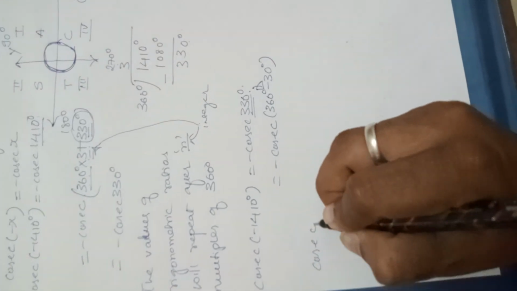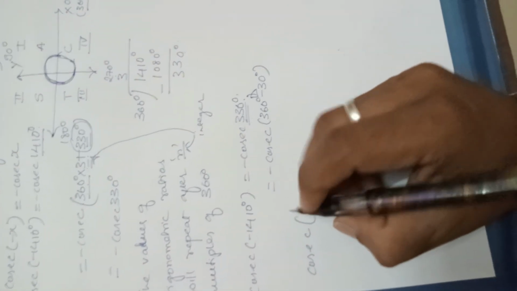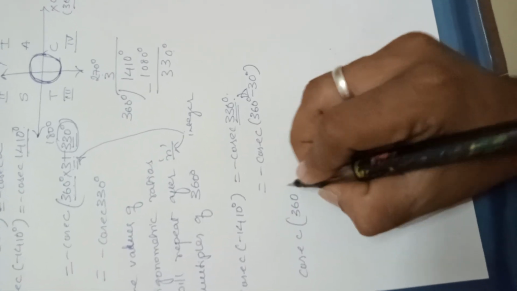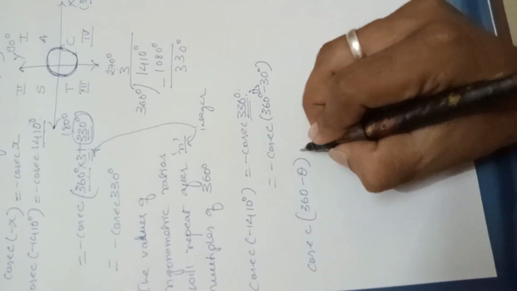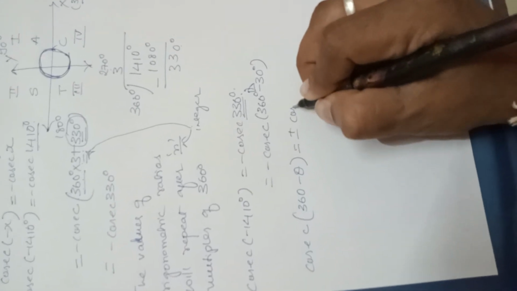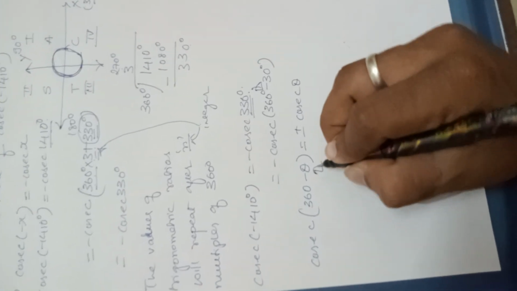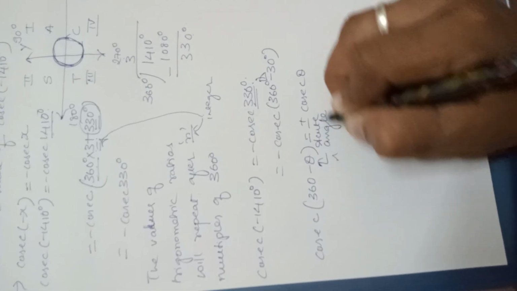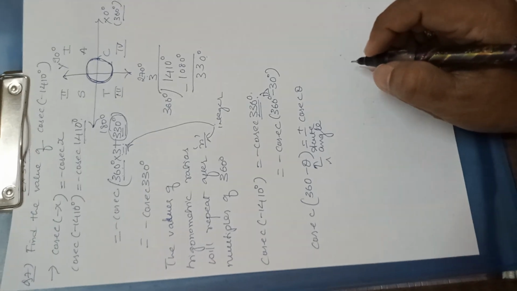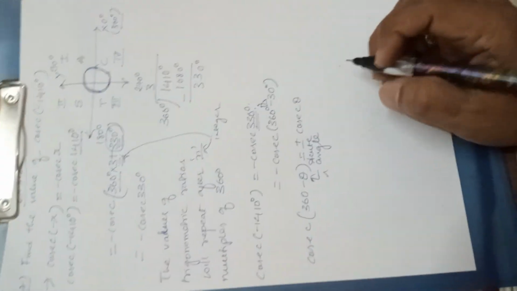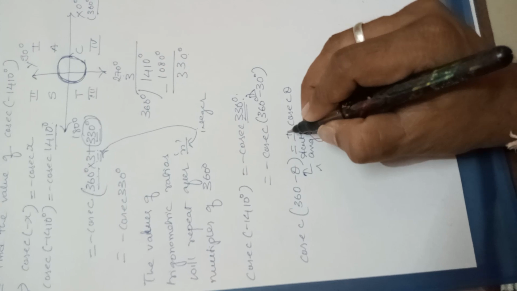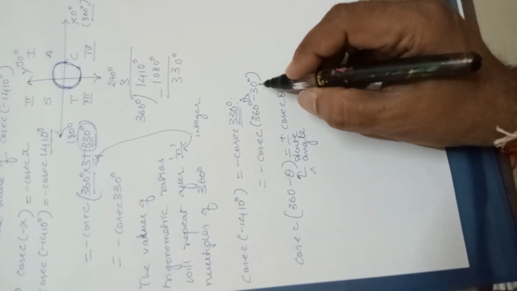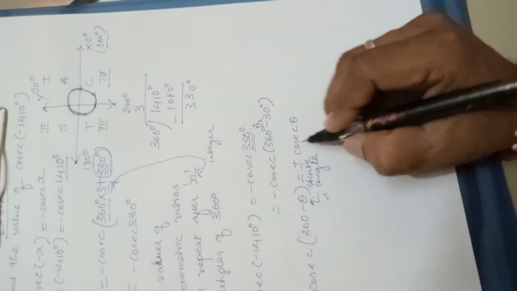Remember, cosecant of 360 minus theta will be equal to plus or minus cosecant theta. What is theta here? Theta refers to an acute angle. Now how do we decide this plus or minus? It will depend on the quadrant and the trigonometric ratio.